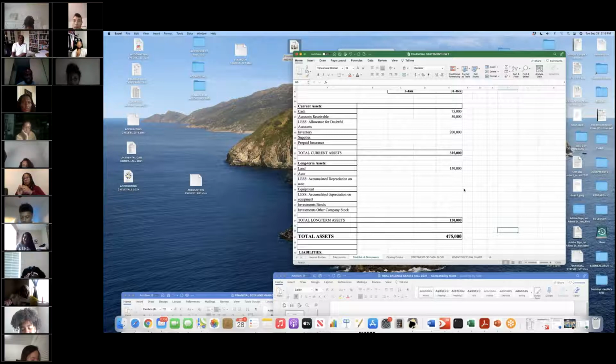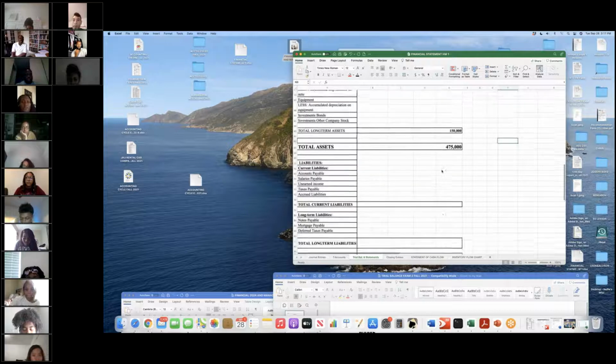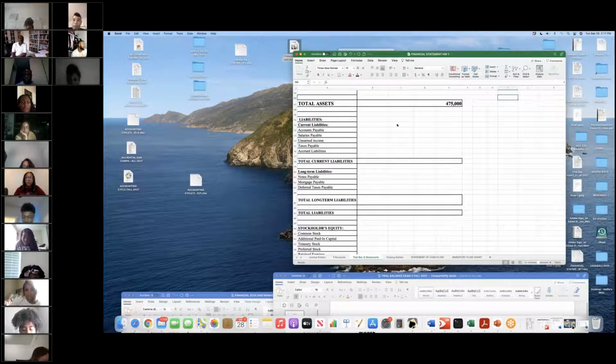Now the next thing we're going to do is pull in these liabilities. We've got to pull in accounts payable and notes payable, a little out of order here. The accounts payable is how much? 50,000.